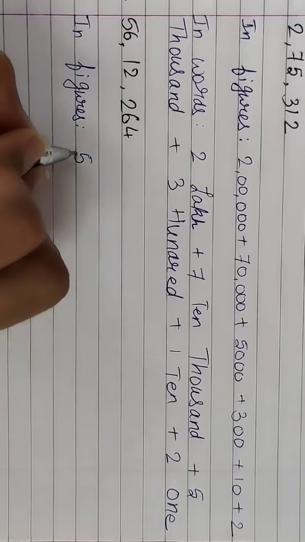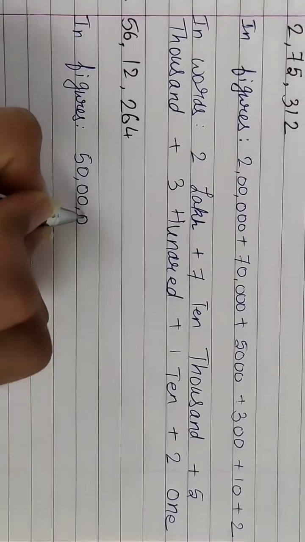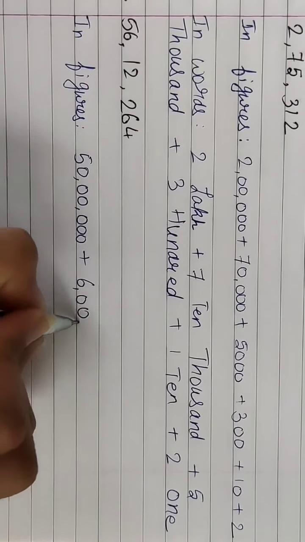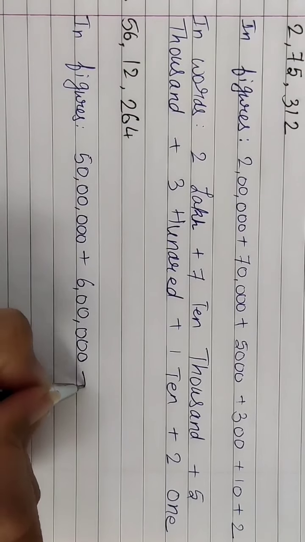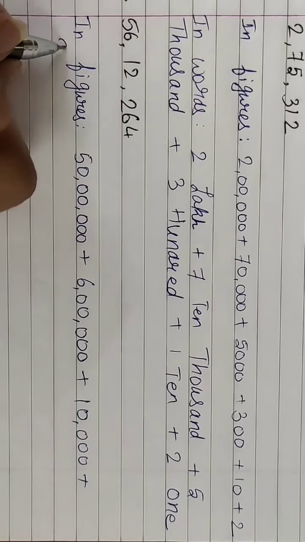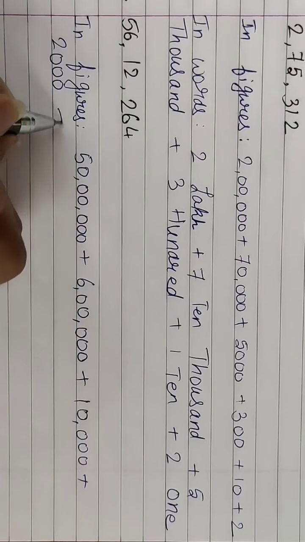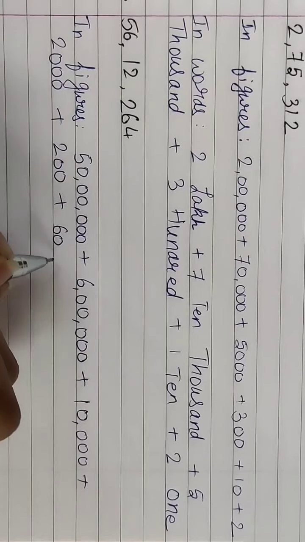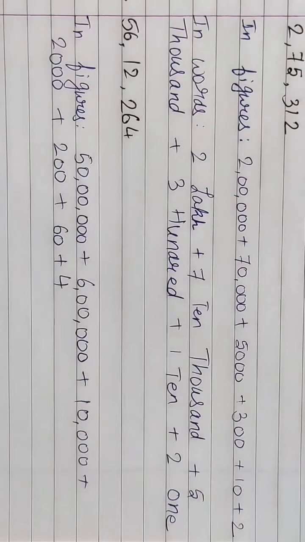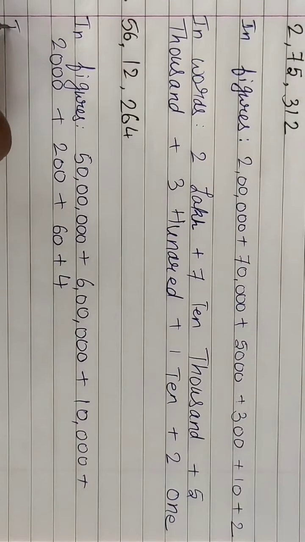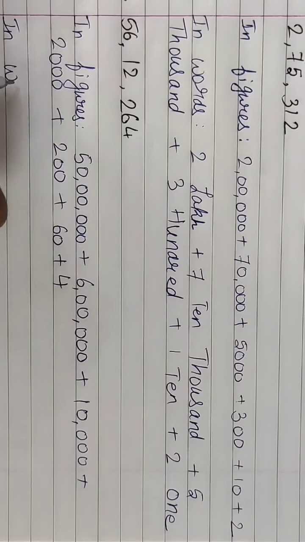So 50 lakh plus 6 lakh plus 10,000 plus 2,000 plus 200 plus 60 plus 4. Understood? Now we will expand in words.